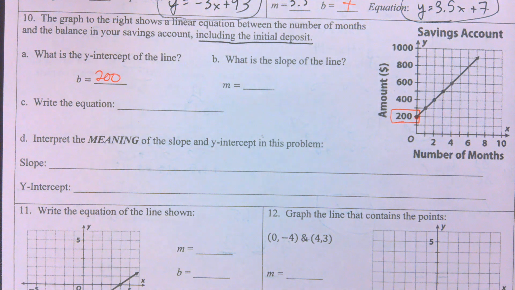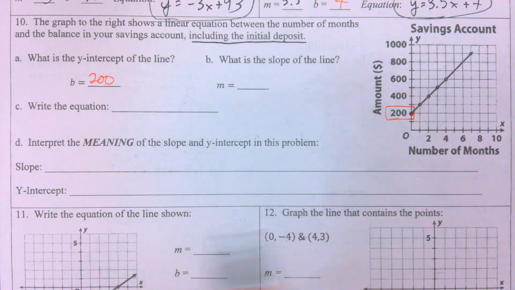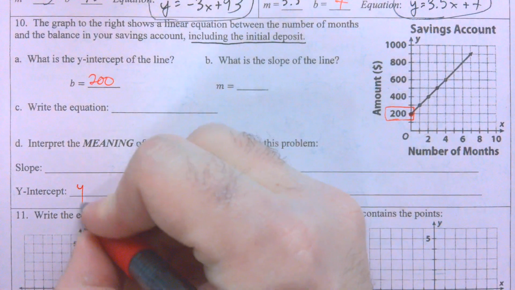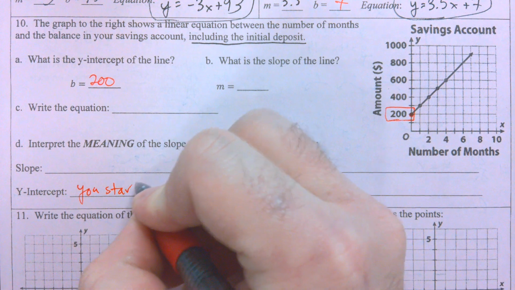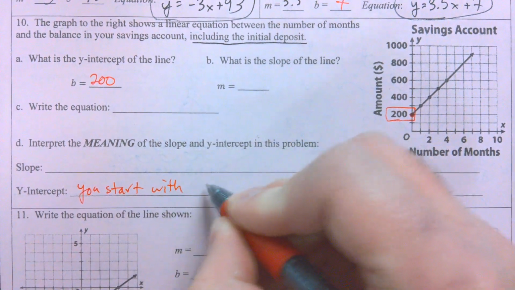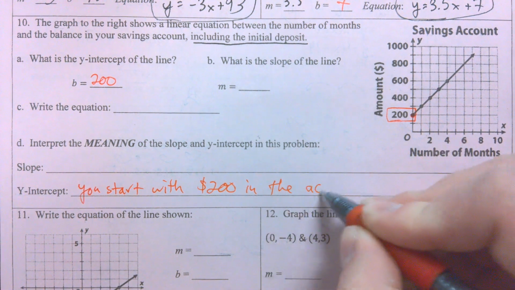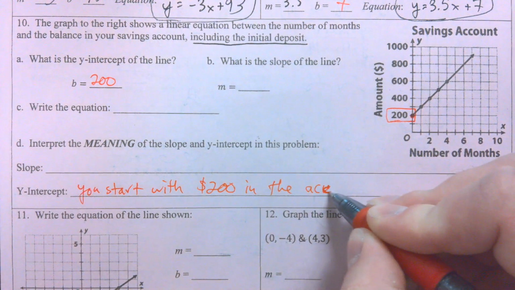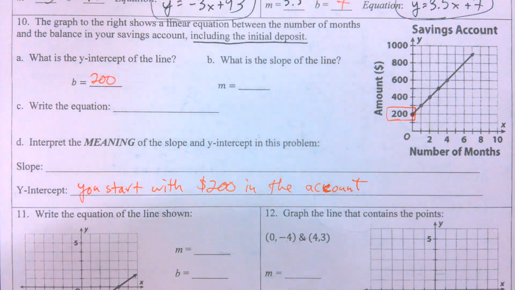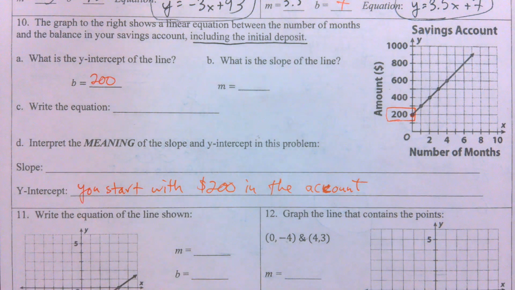You begin there, right? So if we're talking about the context, the y-intercept just means you start with $200 in the account. All interpret means is give some context to these numbers, okay?